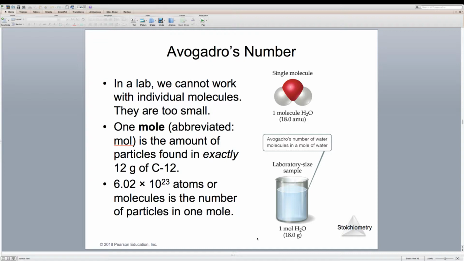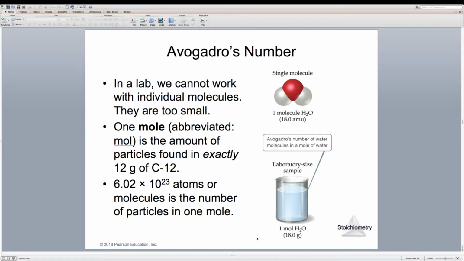So what we did is we decided to come up with a small but universal amount, which is based on some experimentation done by Avogadro, and that is where we come up with the idea of a mole, 1 mole.